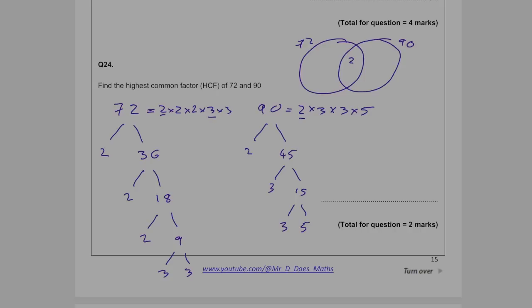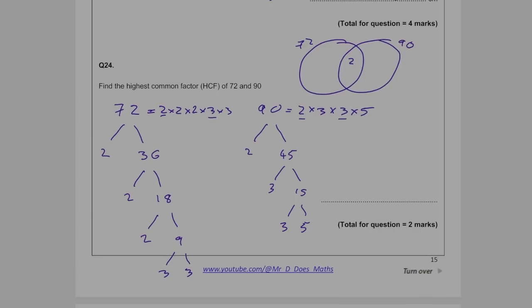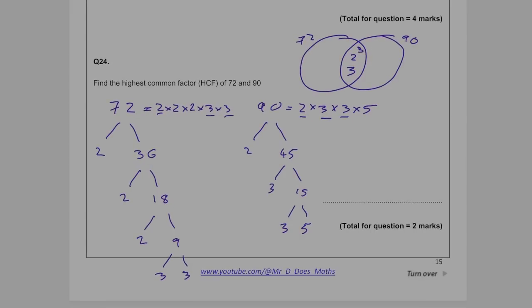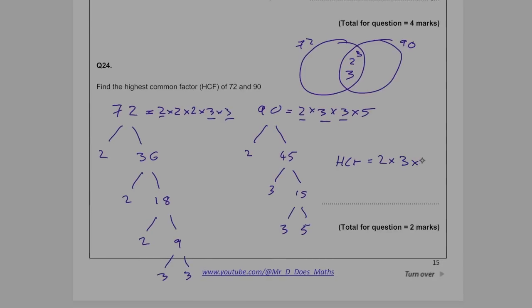They also have a 3 in common. I can fill in the rest of the numbers, but there's no real need. So my highest common factor is, and I've missed a 3 out, and a 3. So my highest common factor is going to be equal to 2 times 3 times 3, which is going to be 9 times 2, which would be 18.